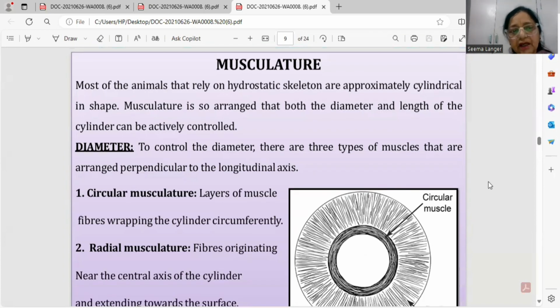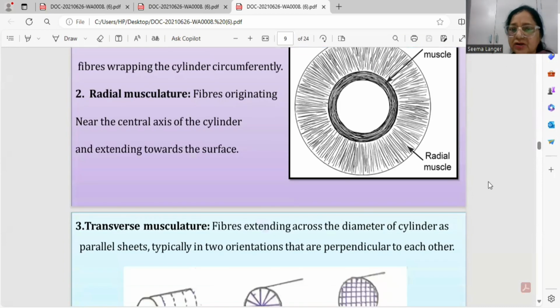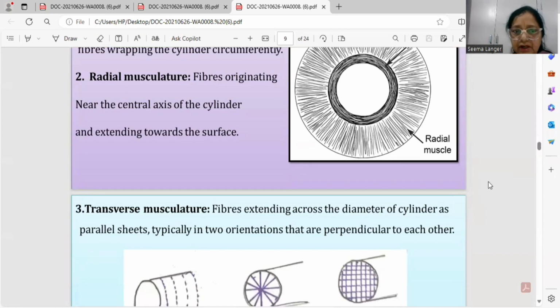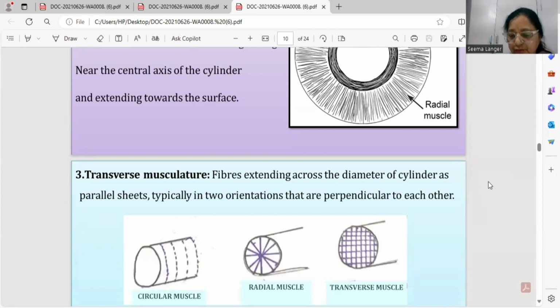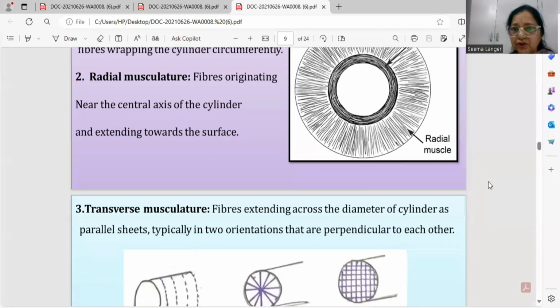They can be circular muscles, radial muscles, or transverse muscles. The details of how these muscles function and bring about changes in diameter we will discuss in a forthcoming class. So one set of muscles, which control the diameter, are radial muscles, transverse muscles, and circular muscles.